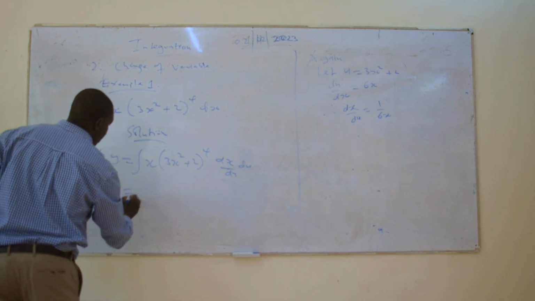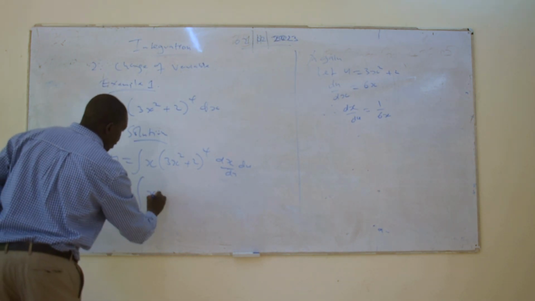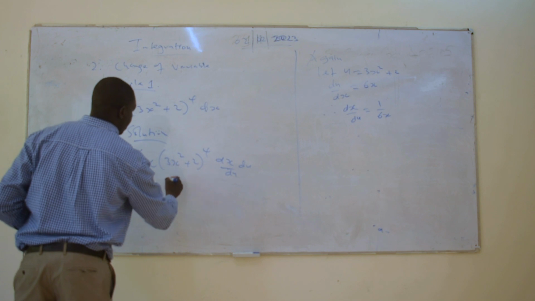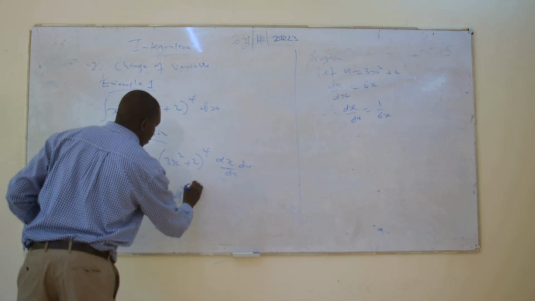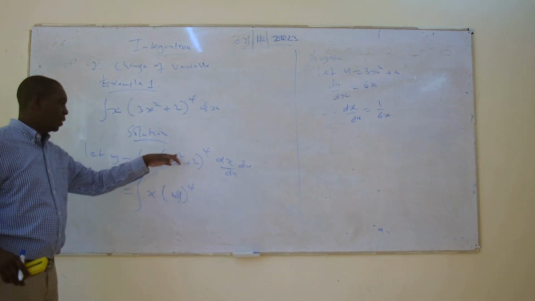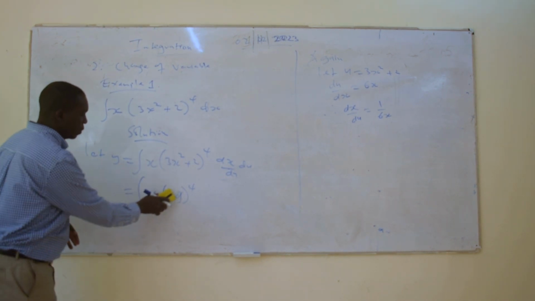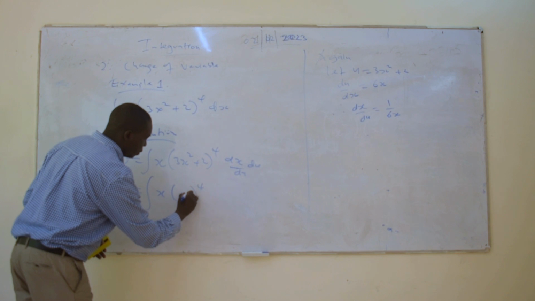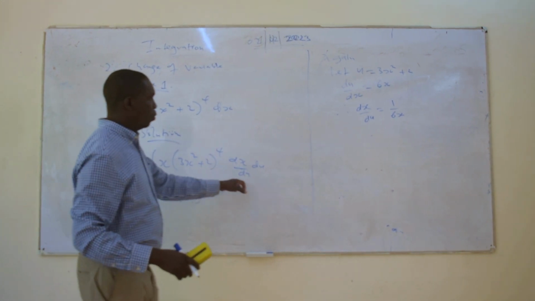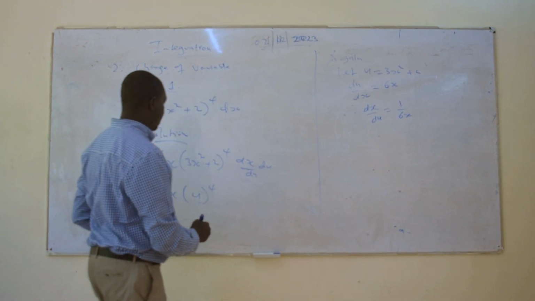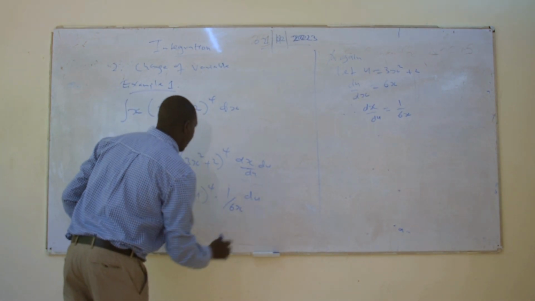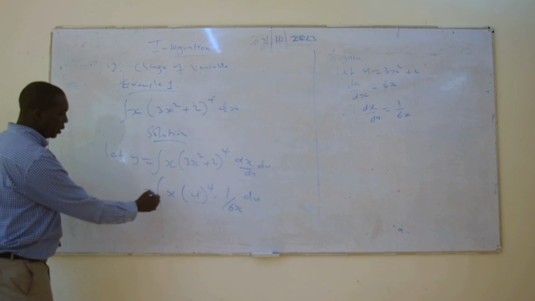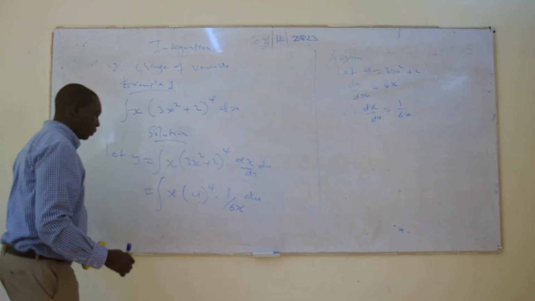So this is the same as saying integral of x times u raised to power 4, because we have let 3x squared plus 2 be equal to u, times 1 over 6x du. x cancels with x.